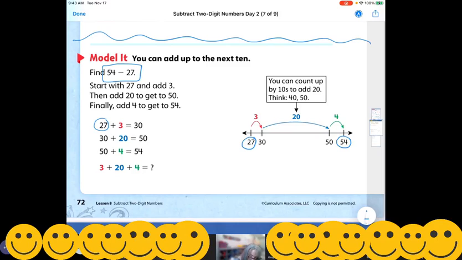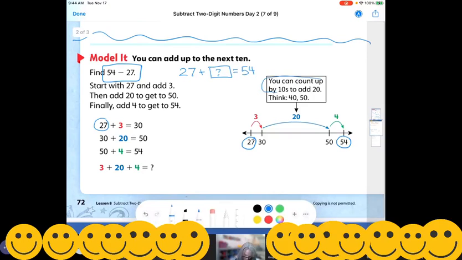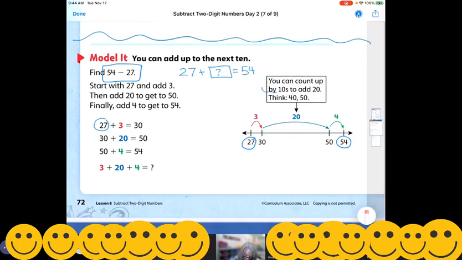We're flipping it around, turning it into an addition problem because that's what fact families tell us that we can do, and we can still get the answer. So to go to the next 10, it says we could count up. Oh, sorry, not yet. Let me get rid of that. I went ahead of myself. All right.